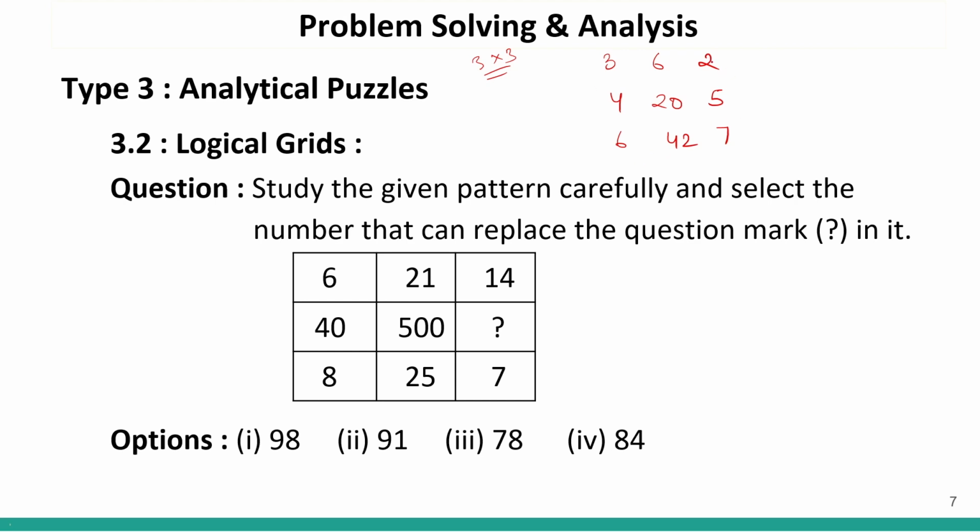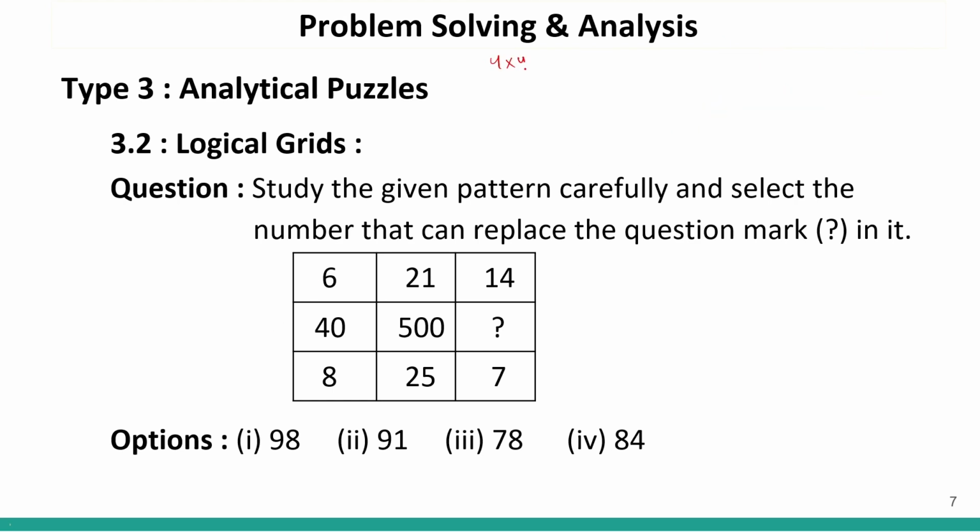Now, when I look at this, I can see this looks a little bigger. From 3 and 2, 4 and 5, and 6 and 7, this looks a little bigger. So 3 into 2 will give me 6. Similarly, 4 into 5 will give me 20 and 6 into 7 will give me 42. So this is how the pattern is in this particular logic grid. Maybe something is happening over here in these columns and we have to find the missing number. So this is how you solve questions on logic grid.